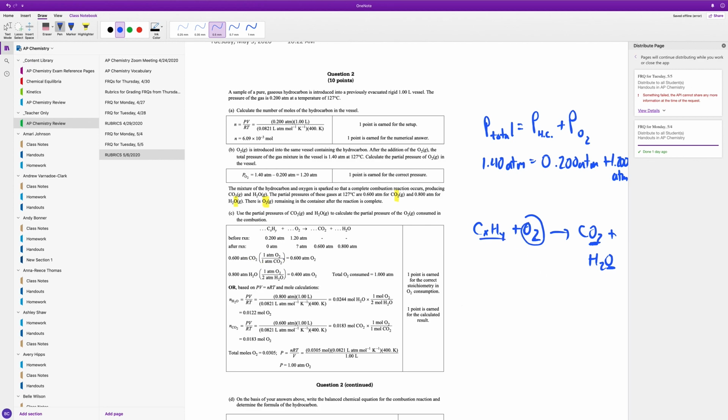It didn't come from the hydrocarbon. So we've determined, based off of PV equals nRT, this is the way that I'm thinking through it. The number of moles of H2O, we've got 0.0244 moles of water, and every time we form 2 water molecules, we would need to use up 1 oxygen molecule.